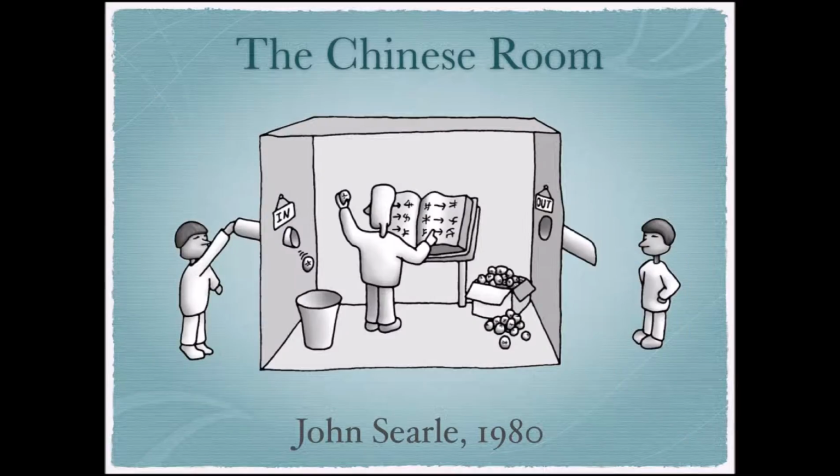In 1980, the philosopher John Searle reversed the Turing test, offering philosophical proof that machines could not think. In his Chinese room analogy, a computer sitting in the middle of the room would receive information from one person, and, searching through all the information in the world written in Chinese, find the correct answer and spit it back out the other side, convincing the person on the other side that it was a human being.